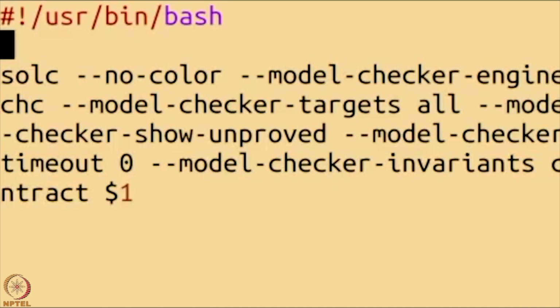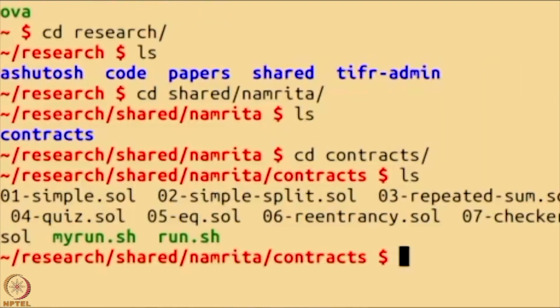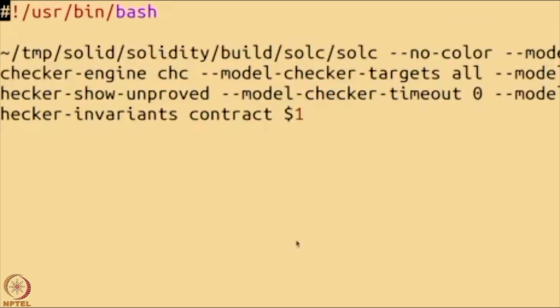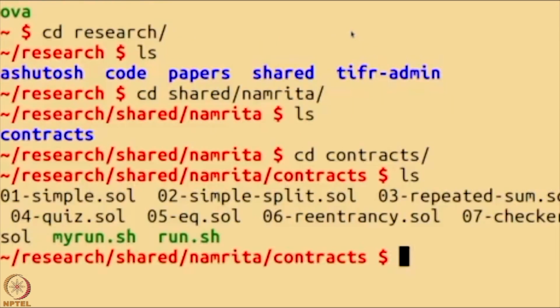Since in my laptop the solc compiler is located at a different location, I will be calling a different script called myrun.sh, because I have a misconfiguration in my laptop. I try to locate this file and then run it. That's the only difference. So you run run.sh.